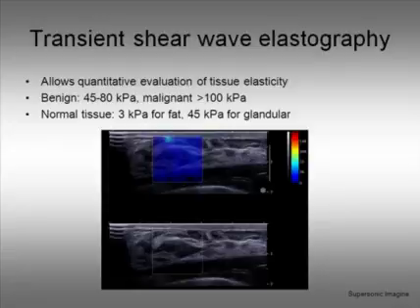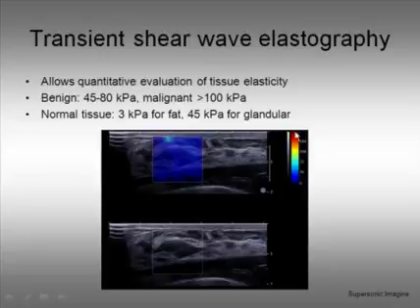Now, shear wave elastography is also quantitative. So unlike static elastography, which generates a color map based on a sonographer's pressure, this is a user-independent modality that actually provides a quantitative measure of tissue stiffness.